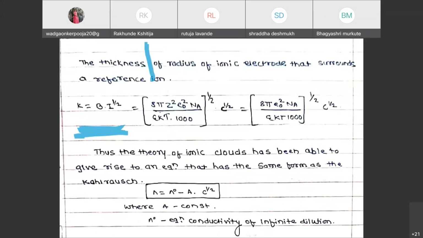8 pi Z square E0 square Na upon epsilon kT into 1000, raised to half, into C raised to half. That is equal to 8 pi E0 square into Na upon epsilon kT into 1000, raised to half, into C raised to half.